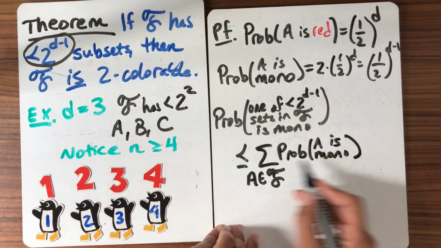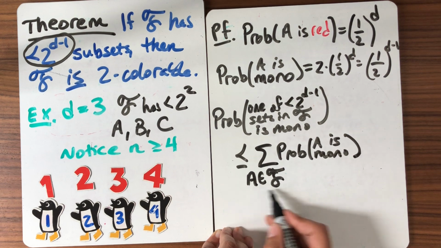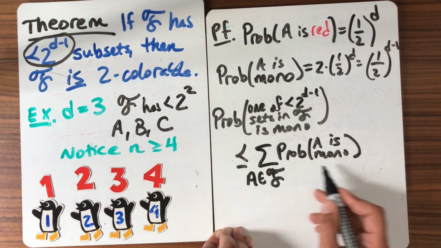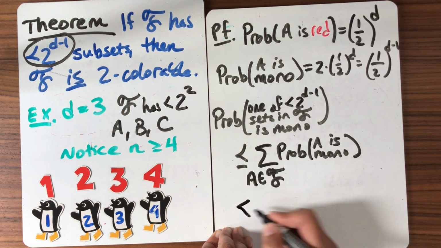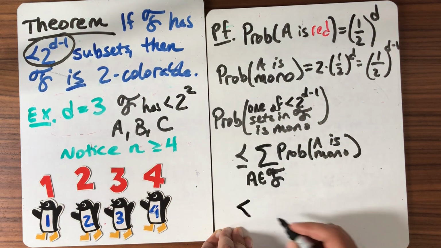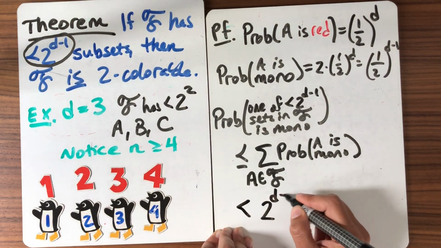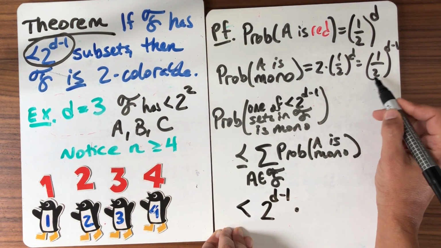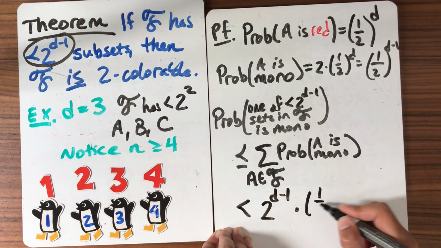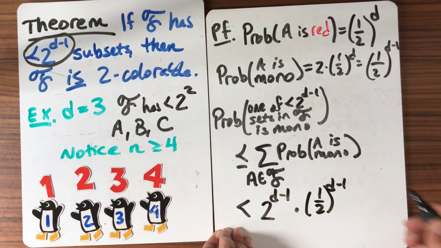Okay? Now, what is that? Well, I've just figured out what this is. I know how many of these are. This doesn't depend on A, so this is going to be strictly less than the number of times that I have it, which is 2 to the D minus 1, times the probability for each one, which is 1/2 to the D minus 1, which is equal to 1.